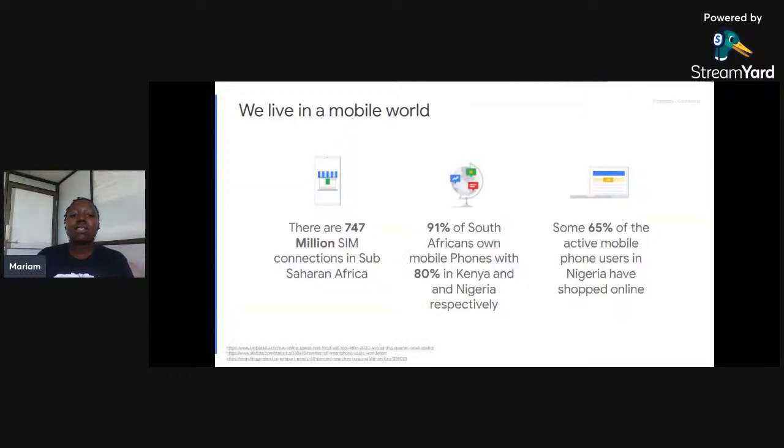You need to understand that right now we are living in a mobile world. Mobile in particular is actually changing how we act and we behave as humans. There's a lot of interaction going on online. At times when you sit in a taxi or you're sitting at your dining table sharing lunch or having a chat with friends, you'll see that most of them, their faces and eyes are locked on their phones.